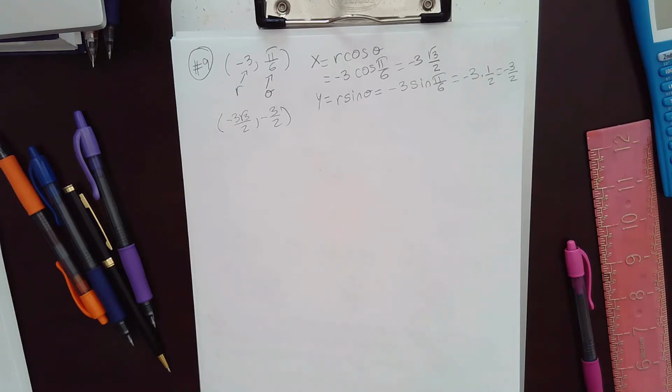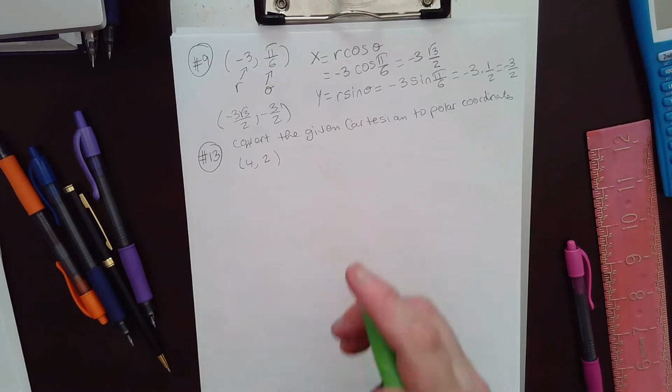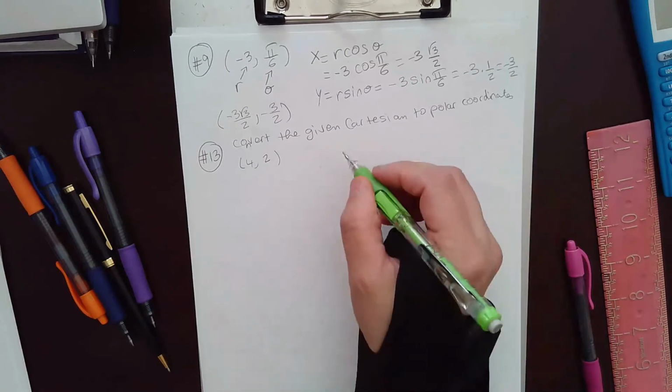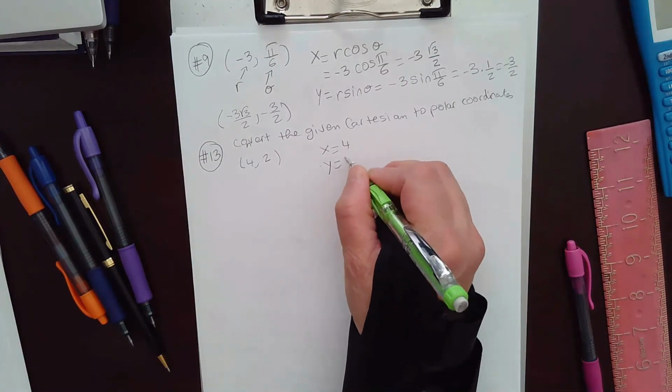So now let's use other examples from Cartesian to polar. So now we're going to do number 9, convert the given Cartesian to polar coordinates. How do we do that? Okay, so we know that this is Cartesian, so x is equal to 4 and y is equal to 2.